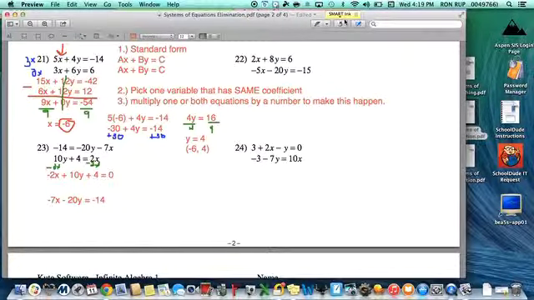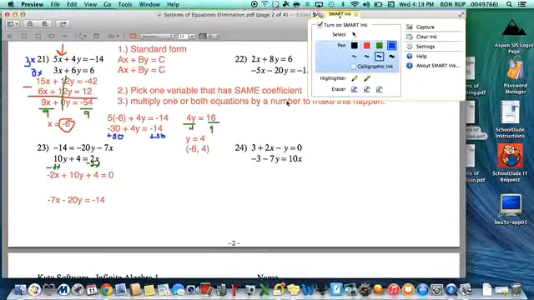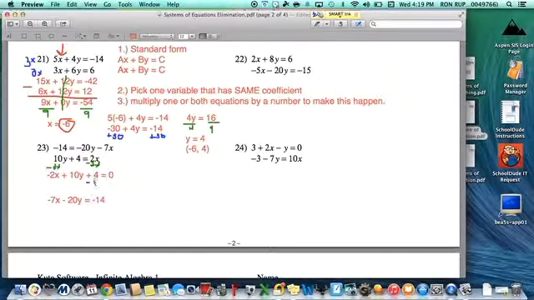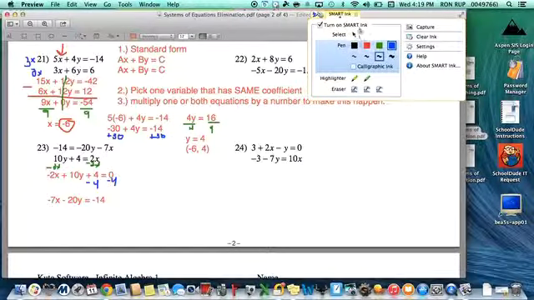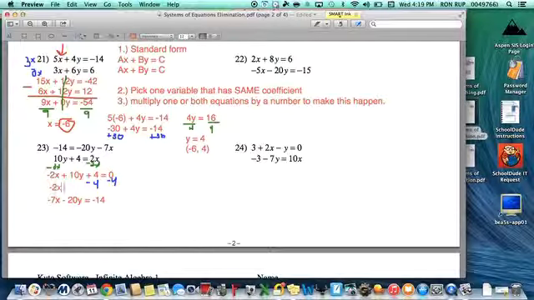So I need to subtract 4 from each side. And once I do that, then I'm finally where I need to be: negative 2x plus 10y equals negative 4.